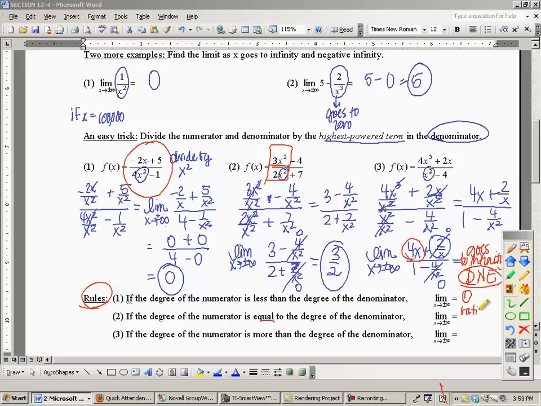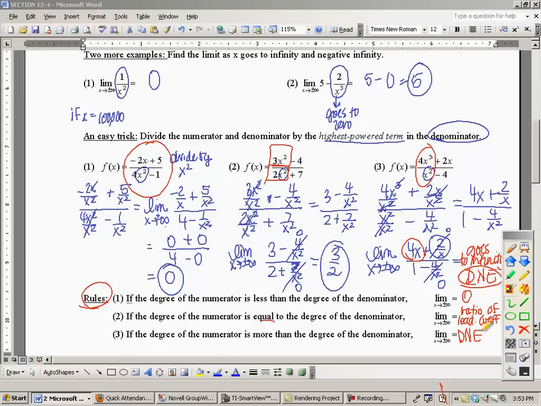So I'm going to use the ratio of leading coefficients. And the last one, if the degree in the numerator is bigger than the degree in the denominator, then our limit does not exist, because you have something that's unbounded and therefore cannot find the limit to a specific value.